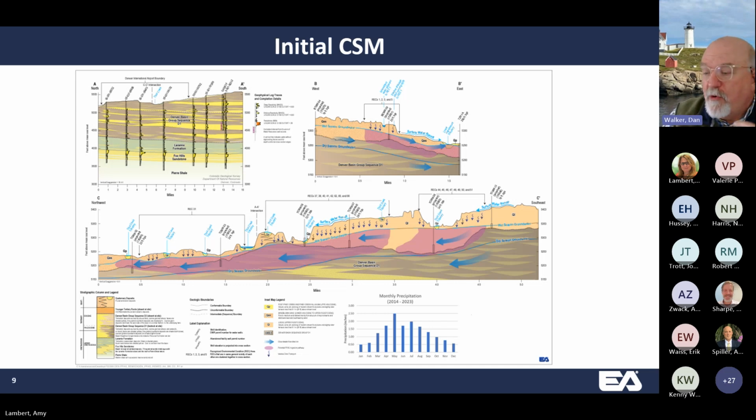In this case, we incorporated the information from some previous studies, some geotechnical work that had been done out in the area. We added to that the information from the SI, but then we also had a conversation with the Colorado Survey, who had done a major review of the work of the aquifer, the Denver Basin aquifer, as a part of a larger effort to protect aquifers.